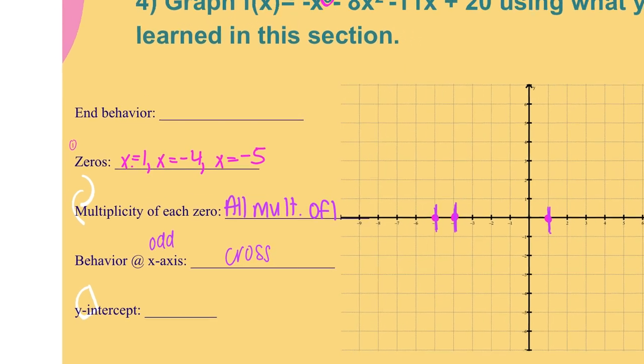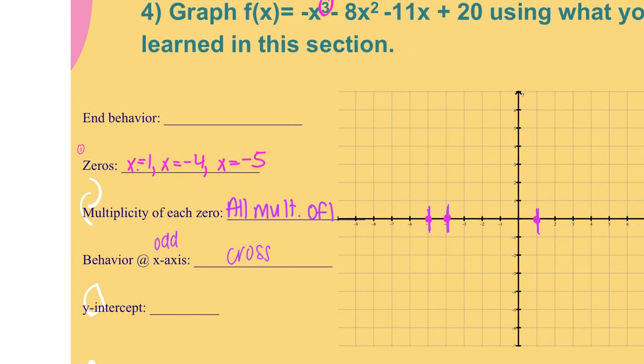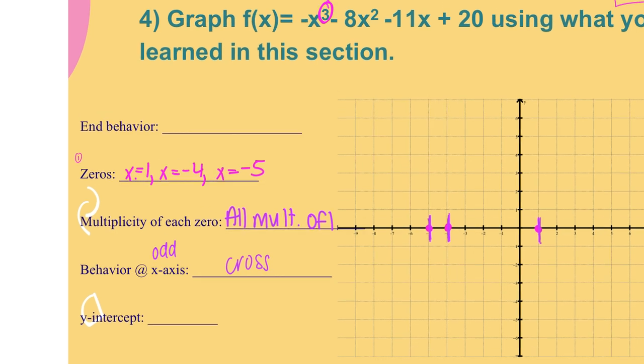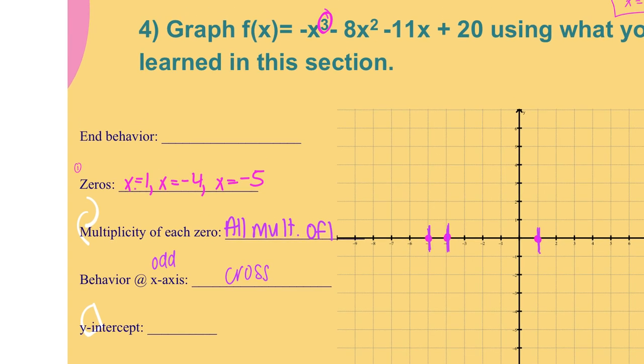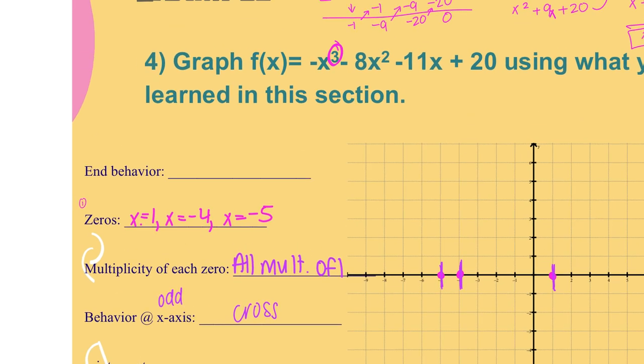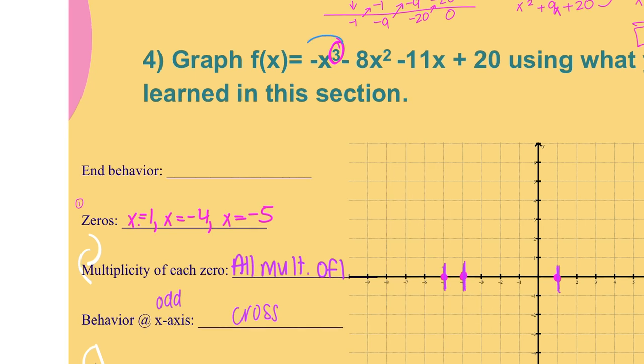Keep in mind you could have multiple behaviors if you have different multiplicities, and you're going to see those in the next few examples. Okay, now I'm going to look at it and find my end behavior. I'm going to look at that leading coefficient or that leading term, and looking at my exponent, my degree, is it even or odd?